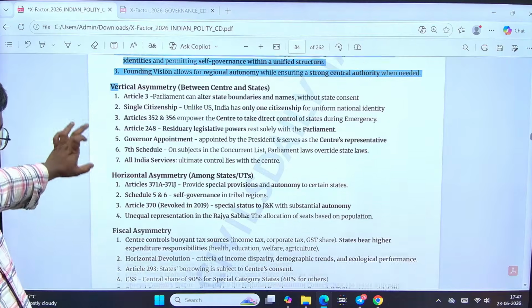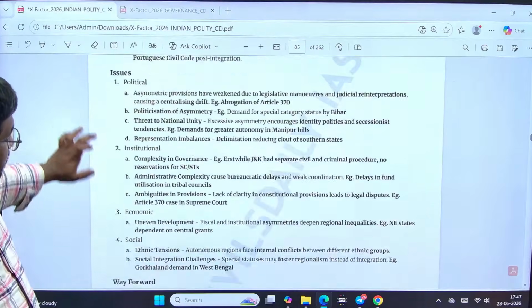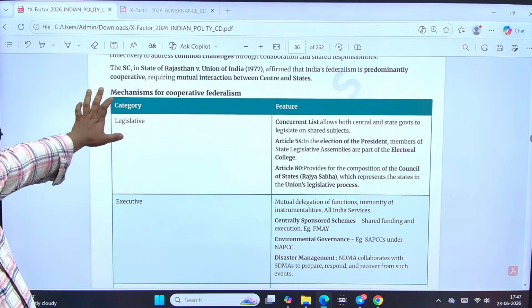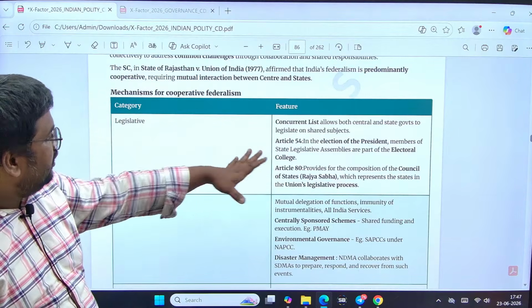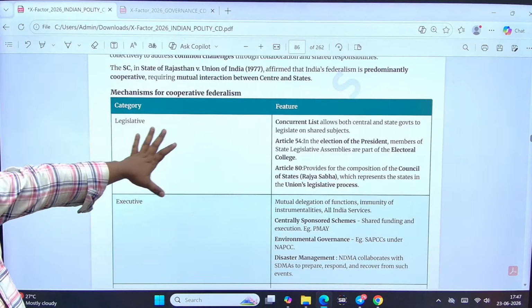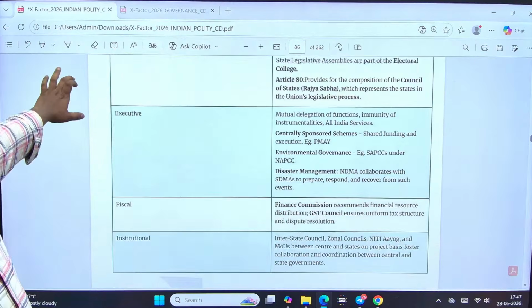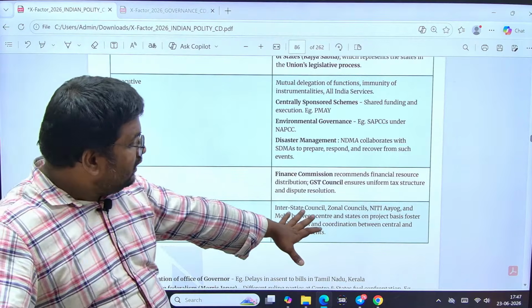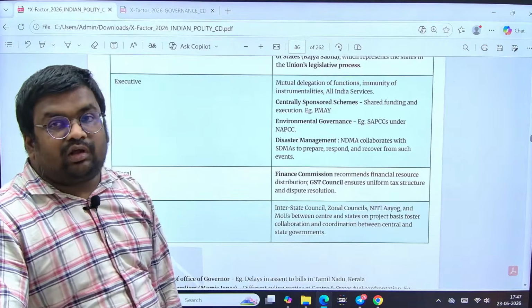Then the current affairs related news. Cooperative federalism, again, we have classified category wise: legislative domain, executive domain, fiscal domain, institutional domain, in interstate council, zonal council.